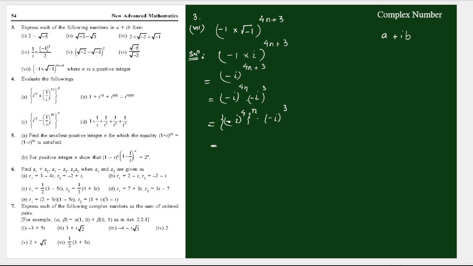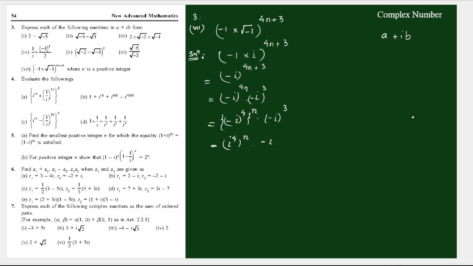Minus i to the power 4, so minus becomes positive, and minus to the power 4 is positive. We have got i to the power 4 to the power n, and here we have got minus i cube.